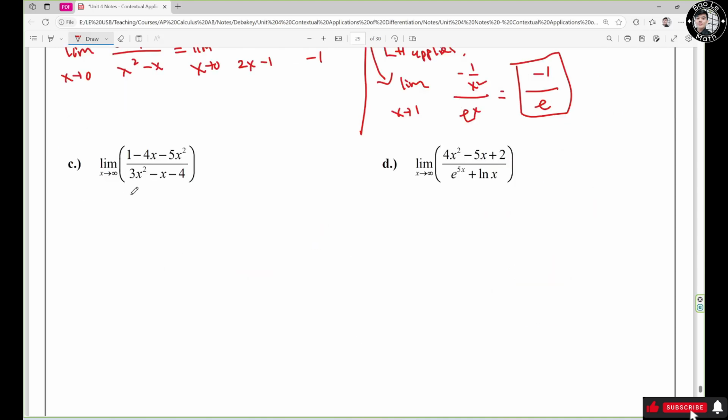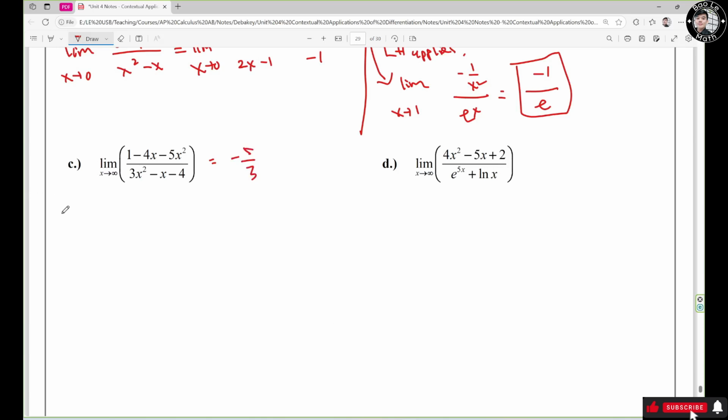Now let's move on to question C. Remember, this is one of the two questions we saw at the beginning, right? We used the technique we learned in chapter 1 to solve this one, and the answer is negative 5 over 3, right? Now we're going to use L'Hopital's rule to solve this one.